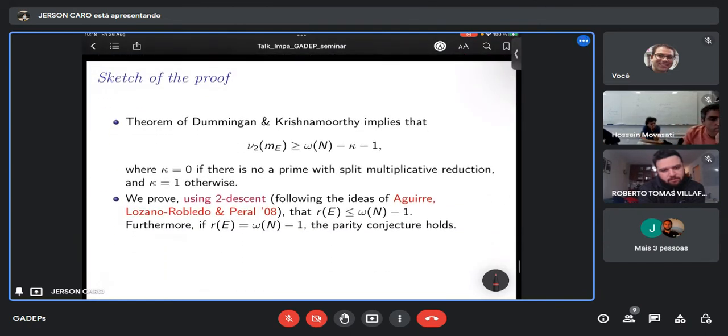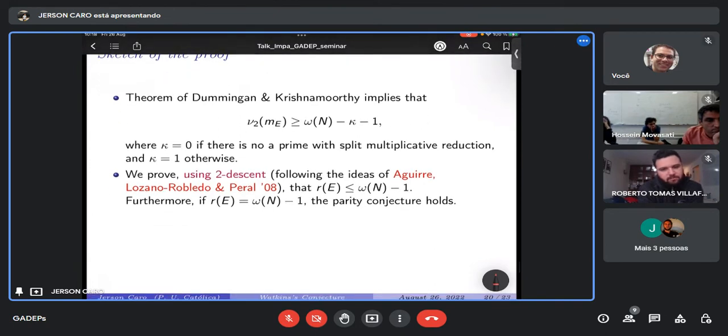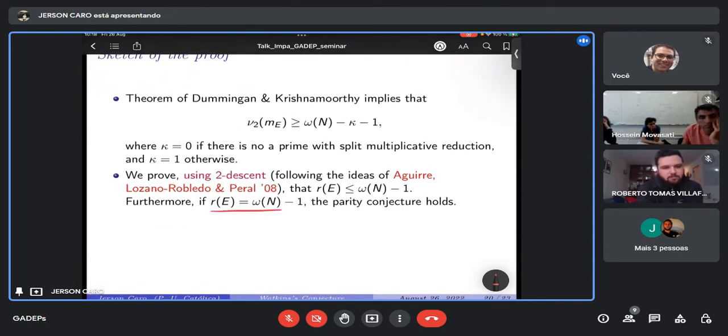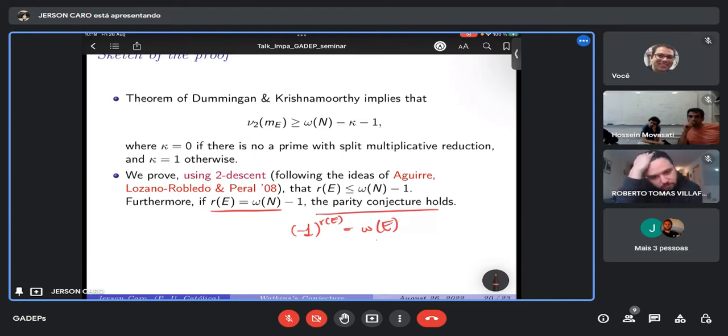The thing is that if this inequality holds, then the parity conjecture holds. And this is something like (-1) to the rank is equal to some number, which is the root number of the elliptic curve. And it's related to the number of primes with split multiplicative reduction: it is (-1) to the number of primes with split multiplicative reduction plus 1.